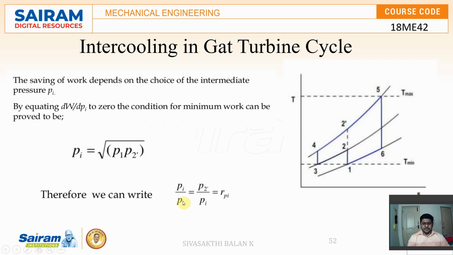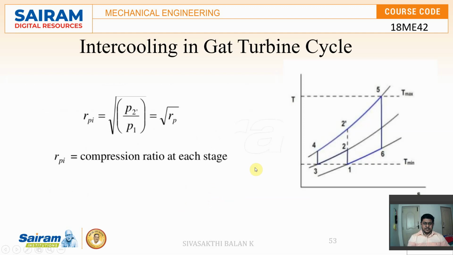From this we can write PI/P1 = P2'/PI = rPI, that is the intermediate pressure ratio, and rPI is equal to the square root of the overall pressure ratio rp.